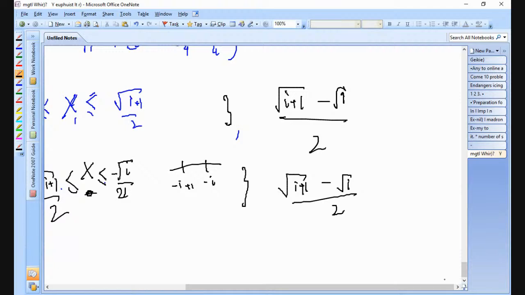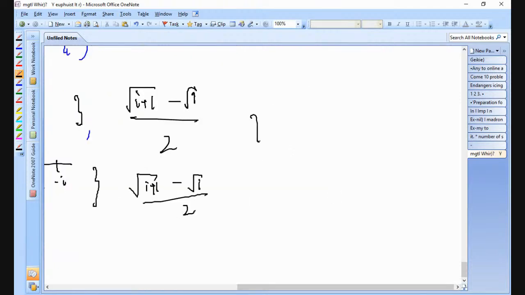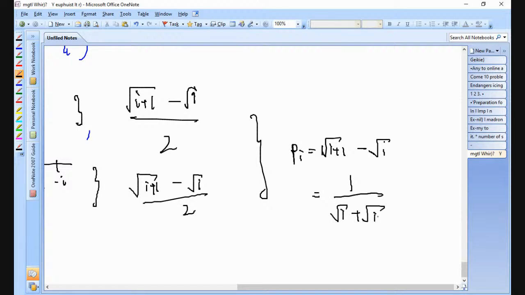So therefore the entire probability will turn out to be Pi equal to root I plus 1 minus root I. If you rationalize it, it will be 1 by root I plus 1 plus root I. Okay. So both may be same. Just calculate it now for each one of those values.